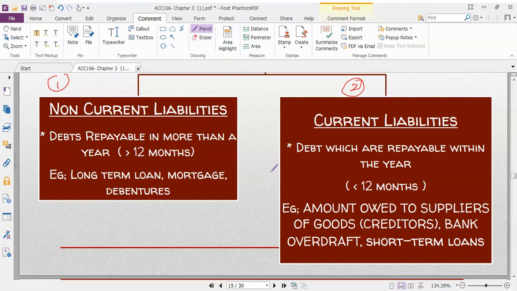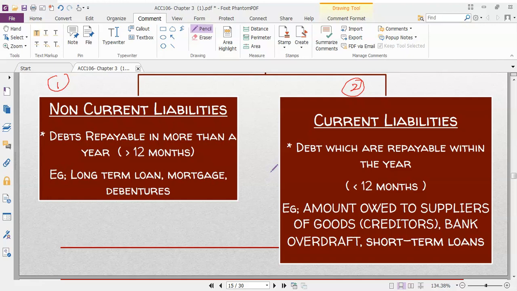Tadi mula-mula saya sebut. Liabilities apa? In Malay, we call it as? Betul lah. Liabilities tu hutang. Owing. Okay, berhutang. Okay. Liabilities maksudnya syarikat ada berhutang dengan orang luar.